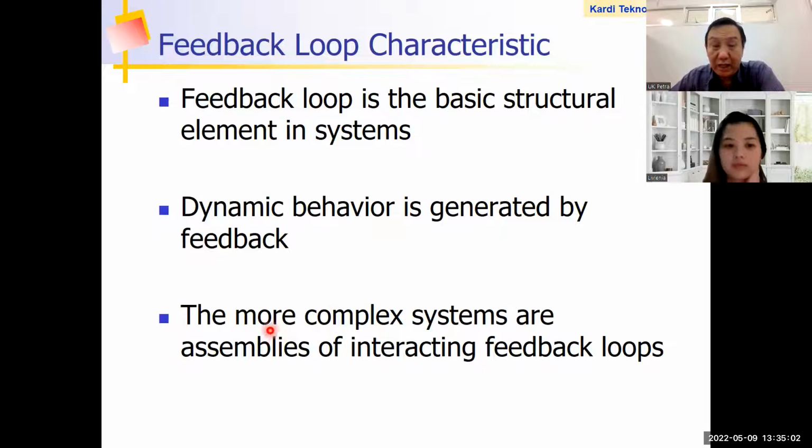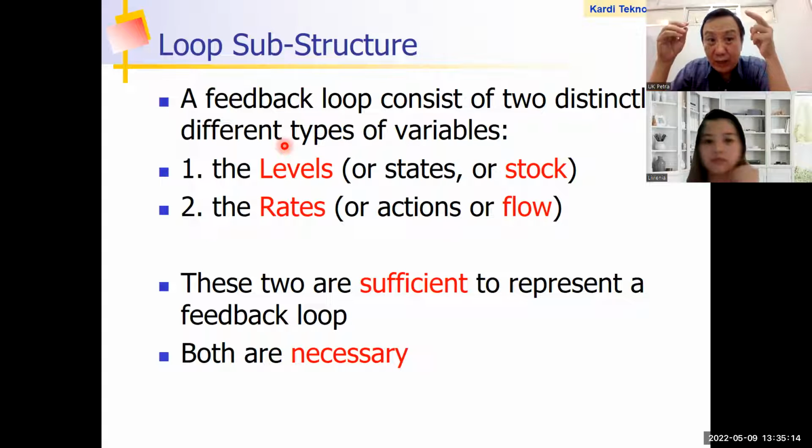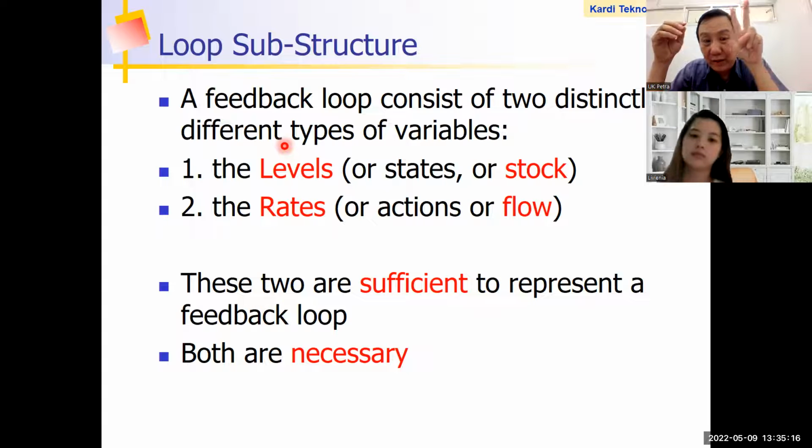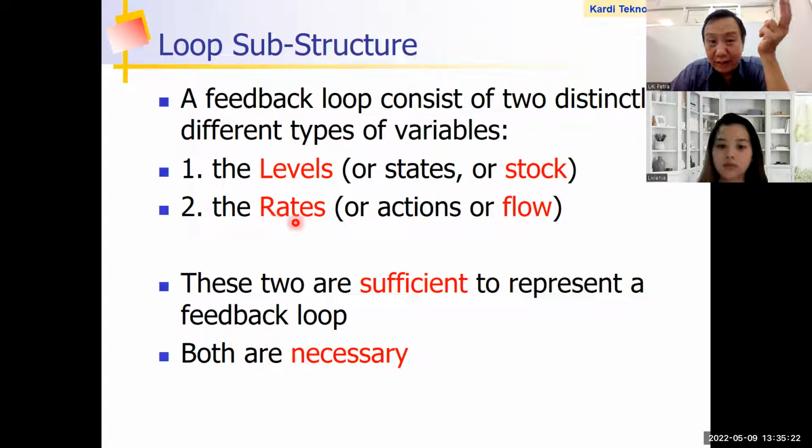Now, this feedback loop is a basic structural element in a system that basically will generate dynamic behavior. Of course, in reality, you will have more than one feedback loop, right? Now, in any one loop, you can have two things. One is called level, and second is called rate. What is rate? Rate is the change. Level is the state.